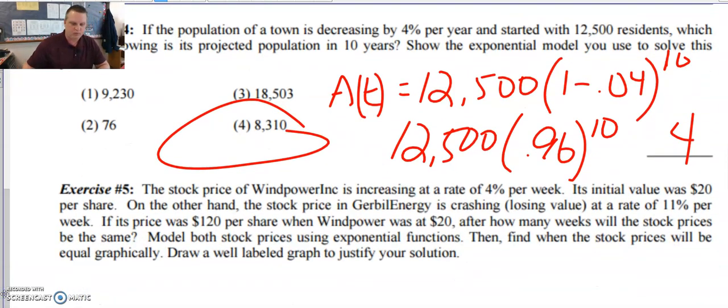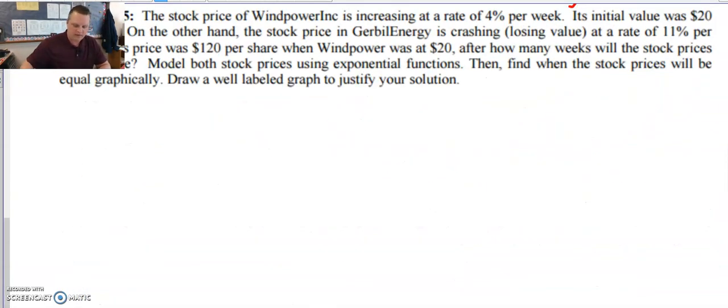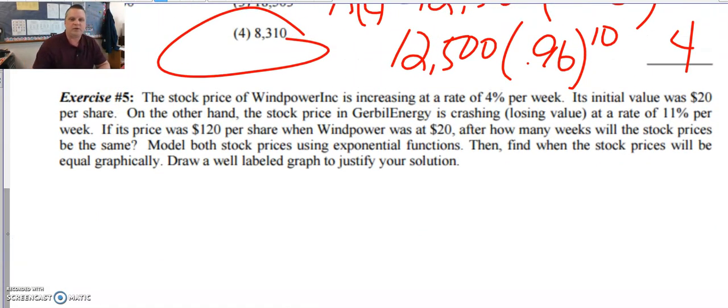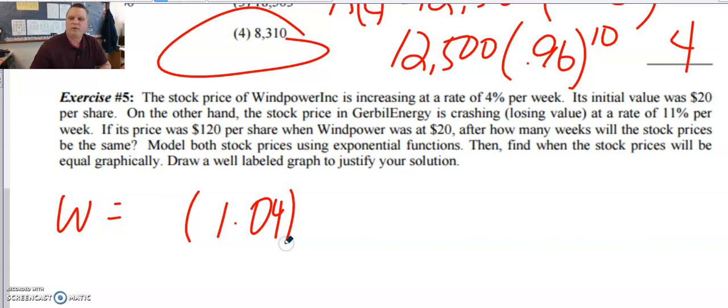Now this last one, I don't think I have the graph here. We have the stock price of Wind Power Incorporated increasing at a rate of 4% per week. So it's increasing 4%, 1.04. Its initial value was 20, so we have 20 times 1.04 to the t power.